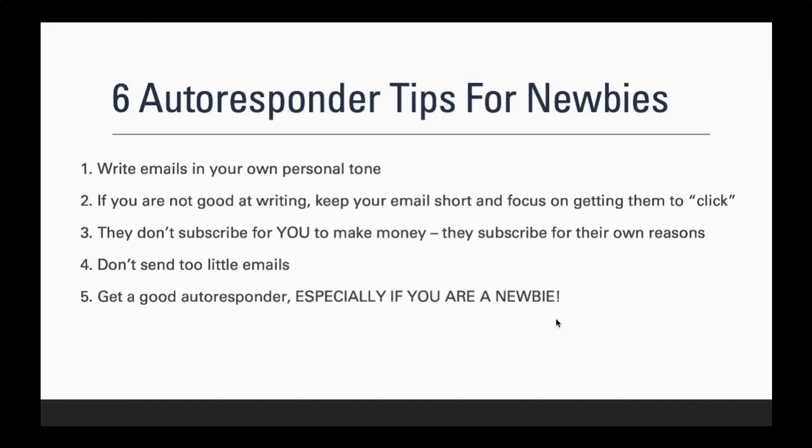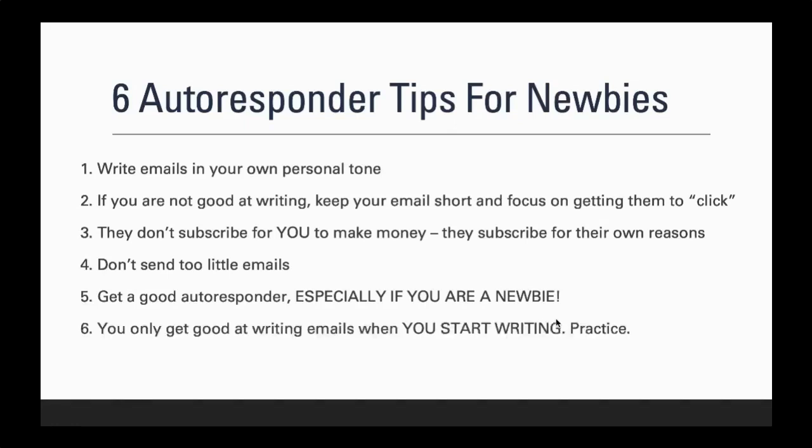You may be learning all of the wrong stuff. How could you do that? Because you're learning from someone who doesn't have any experience. So the same thing with an autoresponder, right? Invest in a good one. Like Aweber, to me, is a good one, and is also cost effective for what it provides.